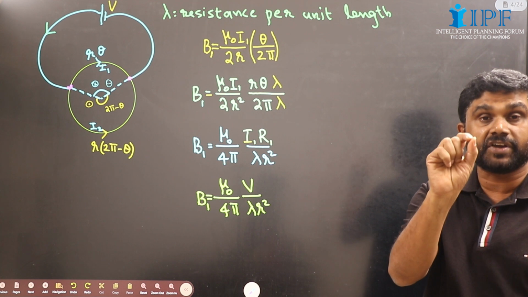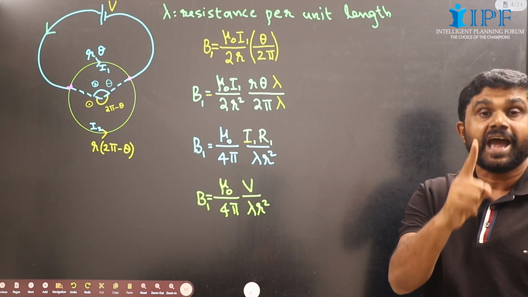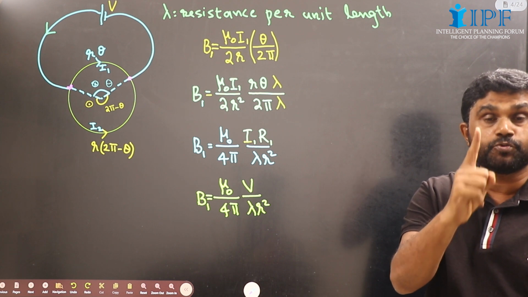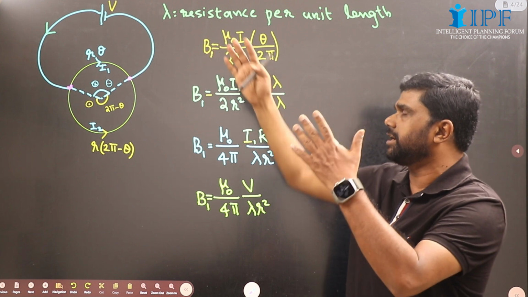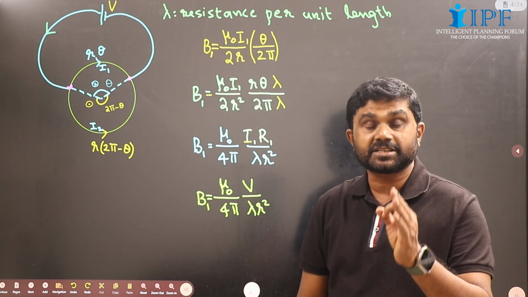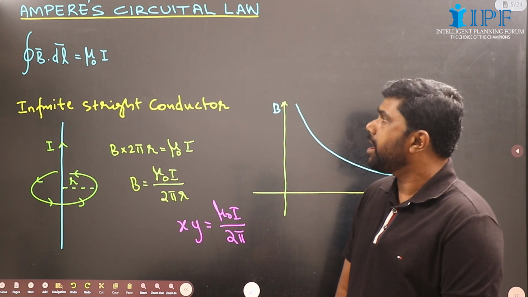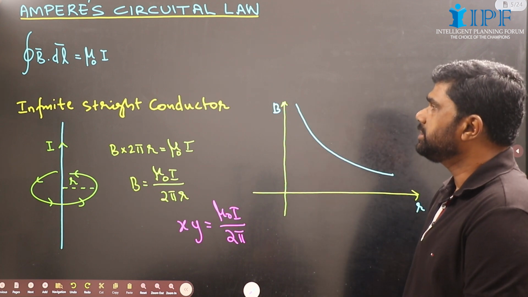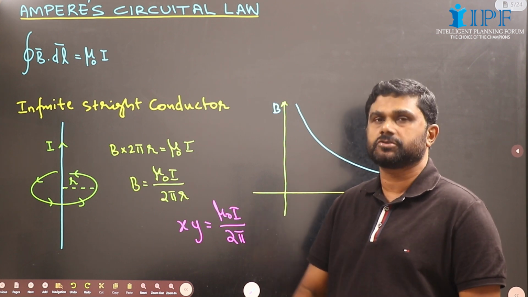So the resultant field at the center will be 0, irrespective of the angle subtended by the 2 arbitrary points at the center. Wherever you connect this cell, the resultant magnetic field intensity at the center will be 0.